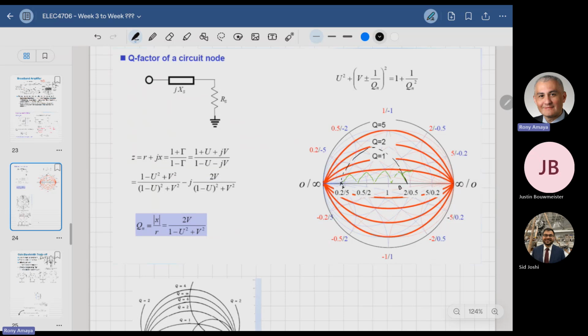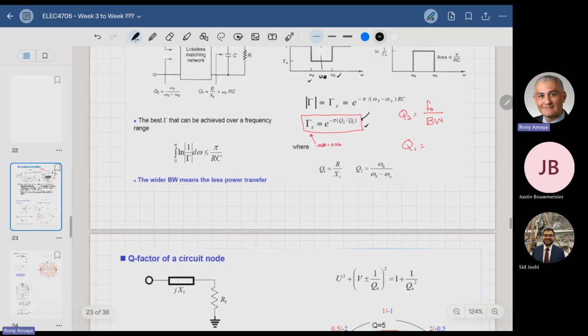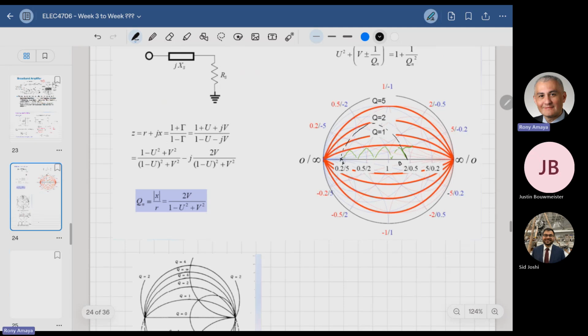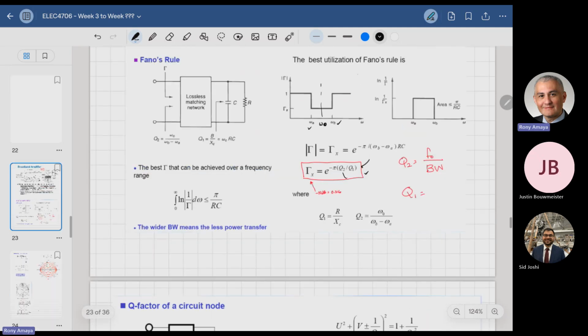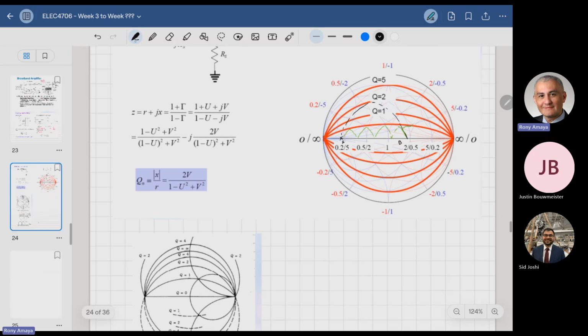And those Q circles are directly proportional to Q1. So if I can control Q1, I can then, for a given bandwidth, improve the matching. The farther away you get from the center, the higher the Q, and the higher the Q, the lower the expectations are on the matching, right? So with these Q circles, we can plan what the expected bandwidth is.